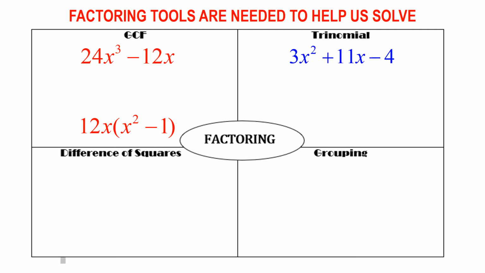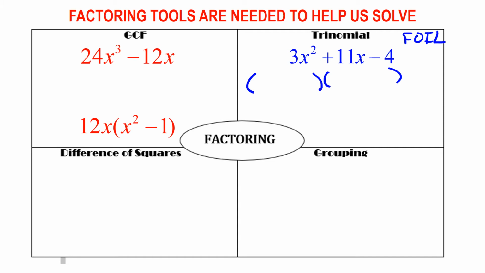Now if we go over to the trinomial patterns, we have the example, which you should write down, 3x squared plus 11x minus 4. Remember, trinomial patterns was when we set up our 2 sets of parentheses, and then we thought about FOIL. So when we multiply these 2 sets of parentheses, what's it going to get me to my original equation?